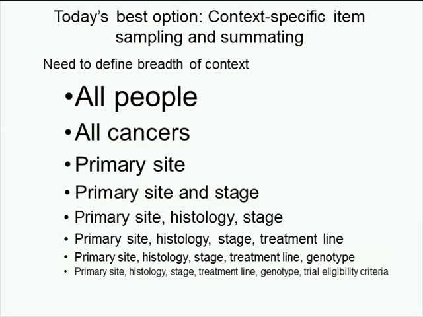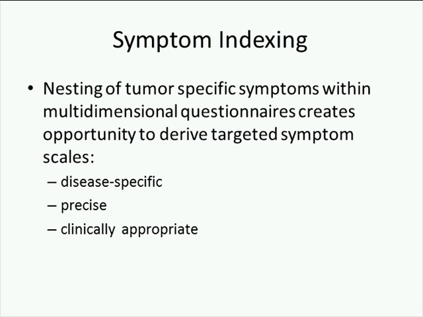That's perhaps the optimal degree of specificity that we want in terms of the population of interest for a given set of symptom indexes. That is one primary site and one general stage of disease. So, for example, advanced ovarian cancer is a reasonable and specific enough group for a context of use.